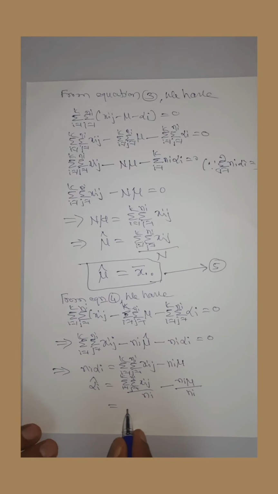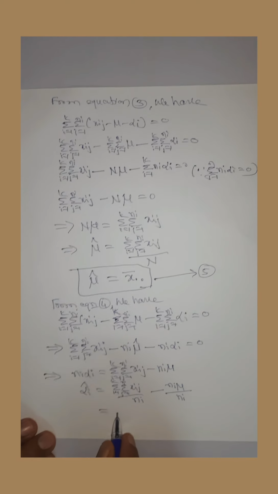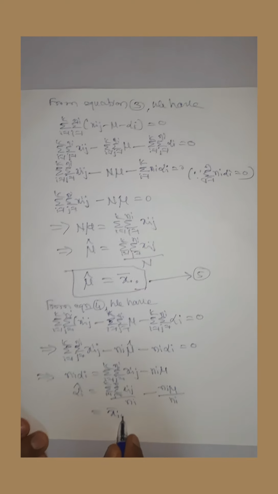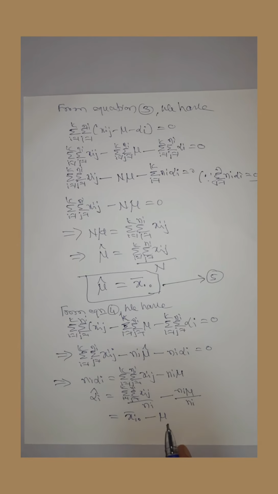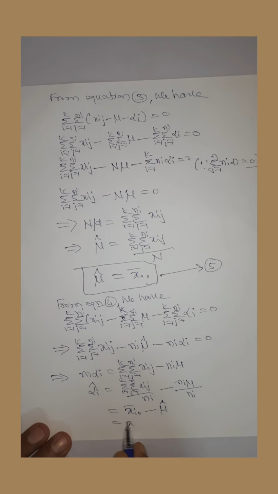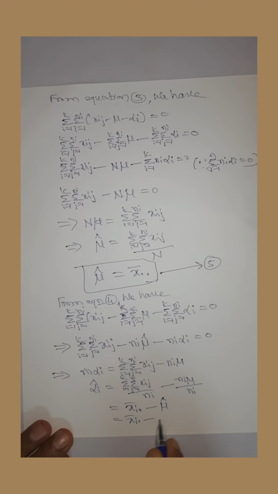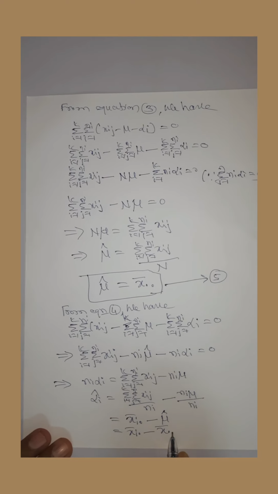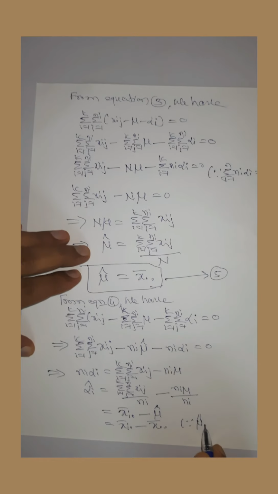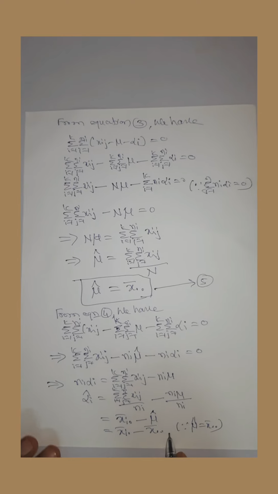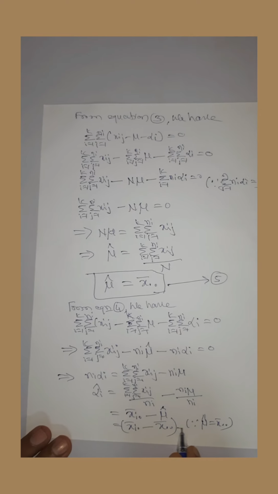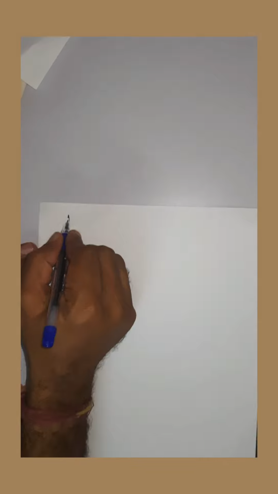This is nothing but x bar i dot minus mu cap. This is equal to x bar i dot minus x bar dot dot, since mu cap is equal to x bar dot dot. This is equation number 6.